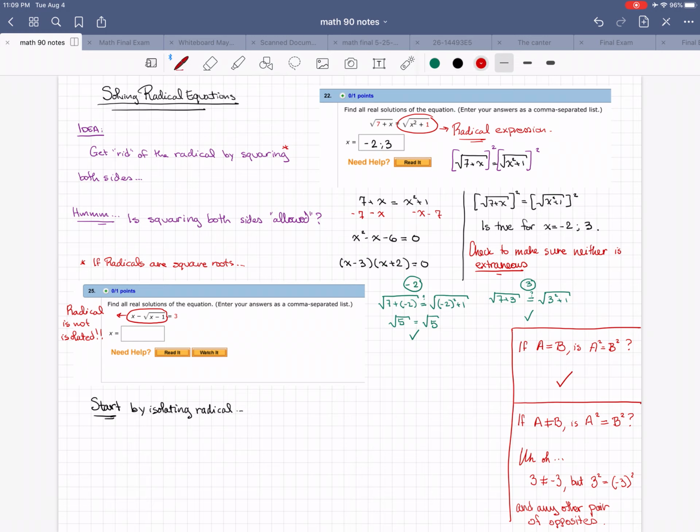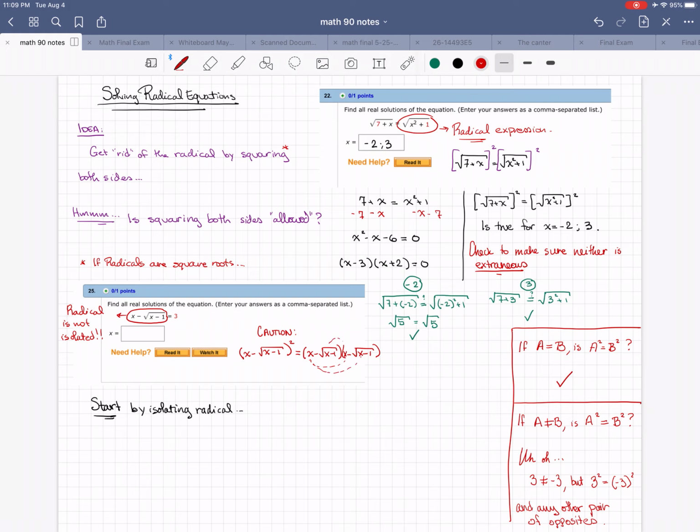Why not? So I'll make this a very, very brief cautionary statement. If you were to square the left-hand side without isolating the radical first, you would have to do the whole distributing piece. So you could write it out, and it would be x minus the square root of x minus 1 times x minus the square root of x minus 1, and then you'd have to distribute.